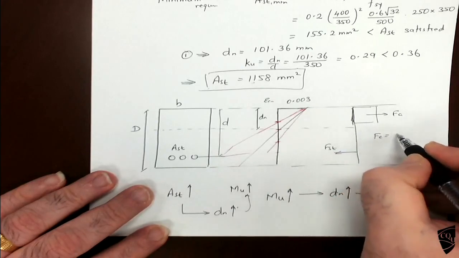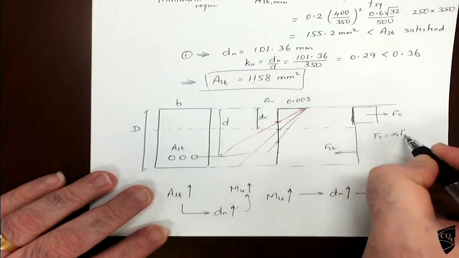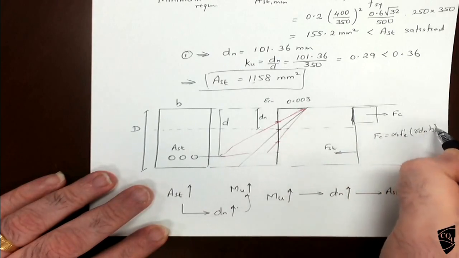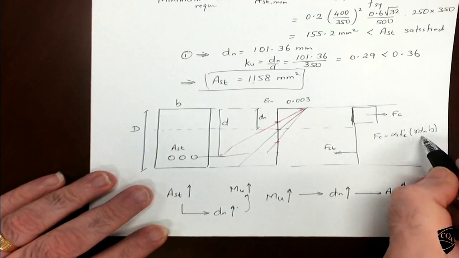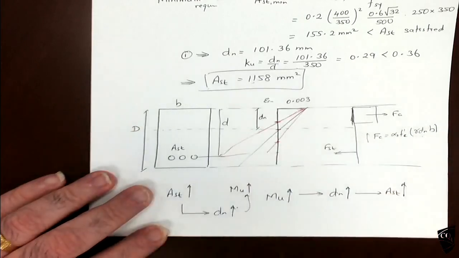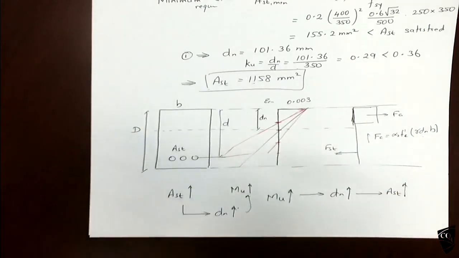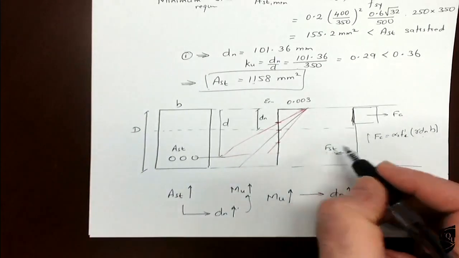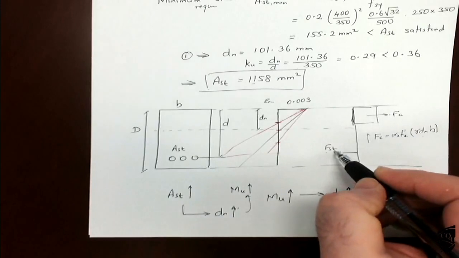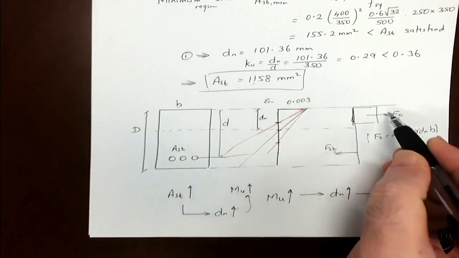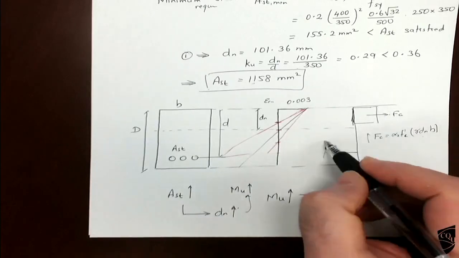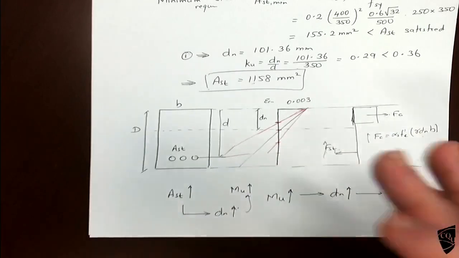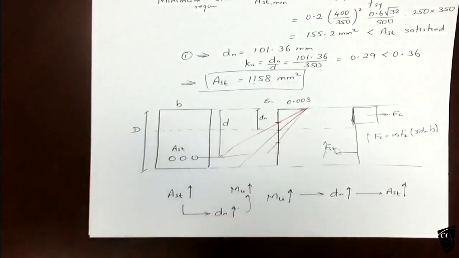Fc will increase because Fc equals alpha 2 f'c gamma dn times B. So when you increase the dn, this will increase. So Fc will increase. So Fst will increase because this and this are equal. So this will increase. So technically you will have larger moment. So you understand this one clearly.